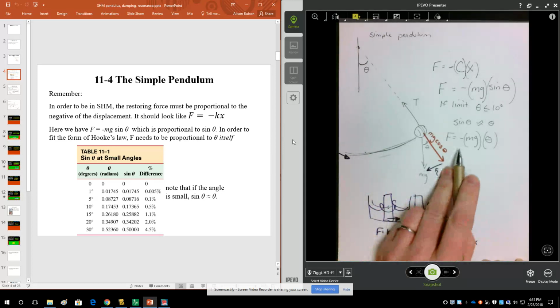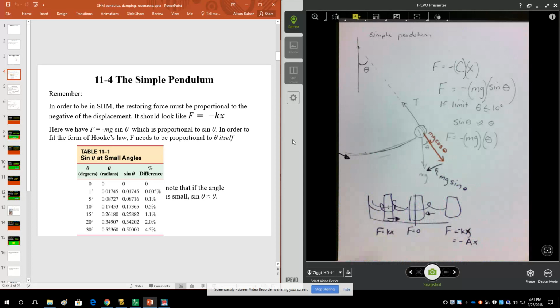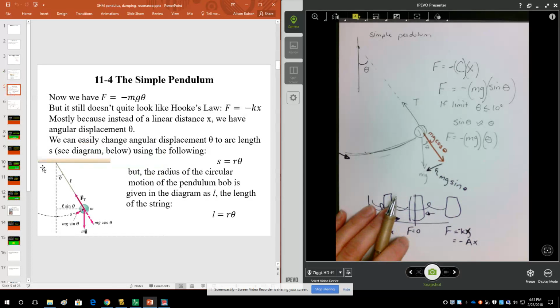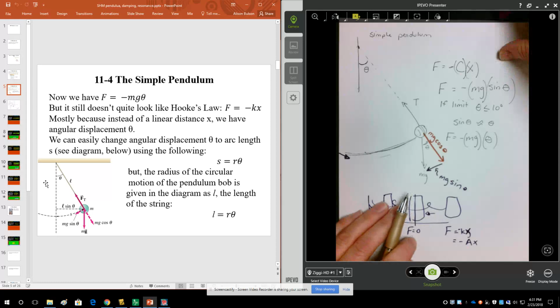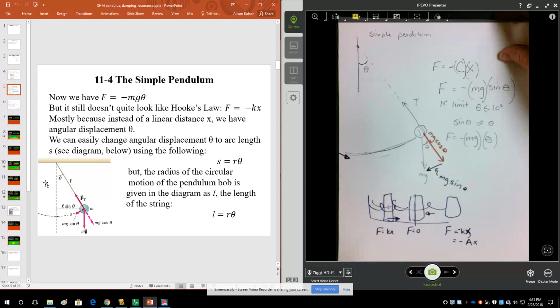We could stop here and deal with angular notation, but we don't have to, and this is the part I missed in the lecture today. So we have F equals negative mg theta, and it's not quite Hooke's law.